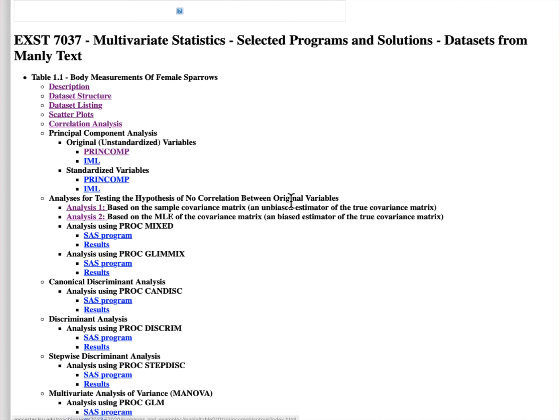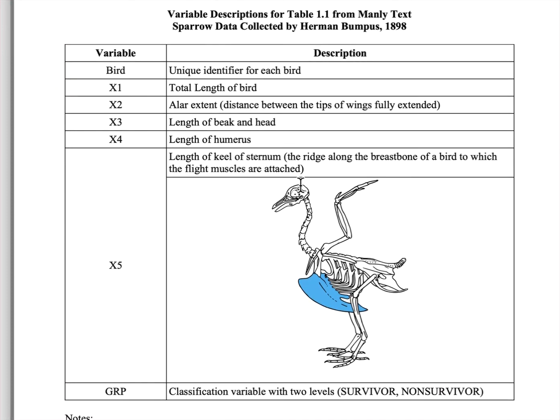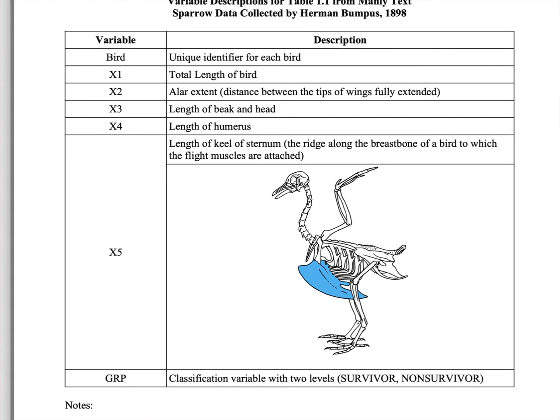So, for example, if we were to look at the output from this principal component analysis, and by the way, the variables are all measured with the same units, right? These are all lengths, and they're all measured in millimeters.